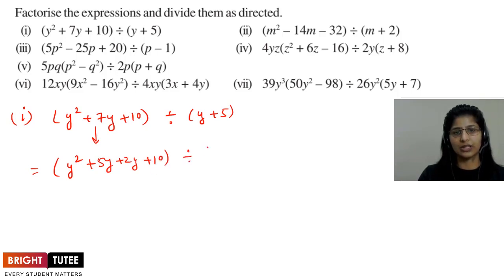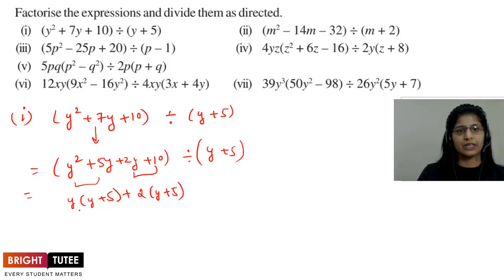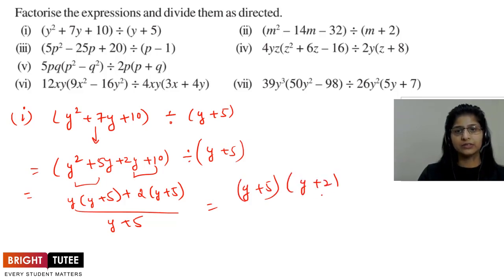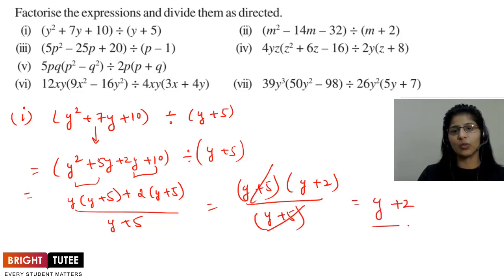And it is going to get divided with y plus 5. Out of these two terms, y is common: y into (y plus 5). Then 2 is common: 2 into (y plus 5). Right, and the whole divided by y plus 5. So in the numerator (y plus 5) is common, and (y plus 2) into (y plus 5) divided by (y plus 5), cancelling, we are just left with y plus 2.